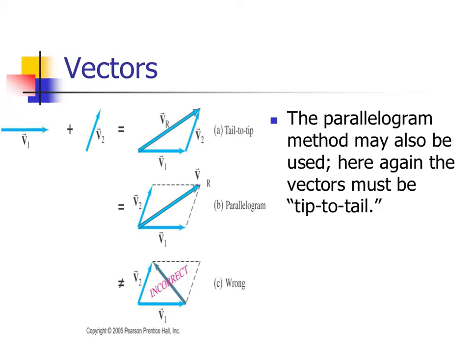It might say that it's 10 degrees east of north. What that tells us then is that it's from the north going east, and that's where the 10 degrees is.